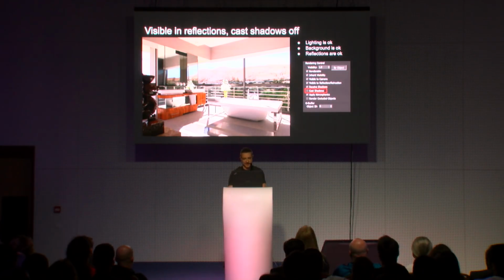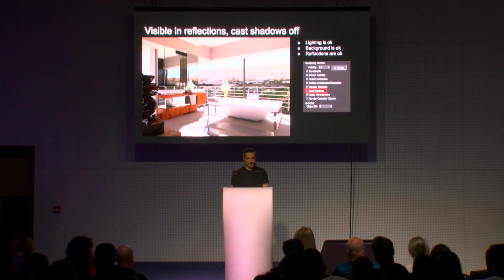The way to fix this is to make this environment object not cast any shadows, but visible to reflections, refractions, and the camera. These are the properties that you would use in 3ds Max to do that. And this is the result that you want.